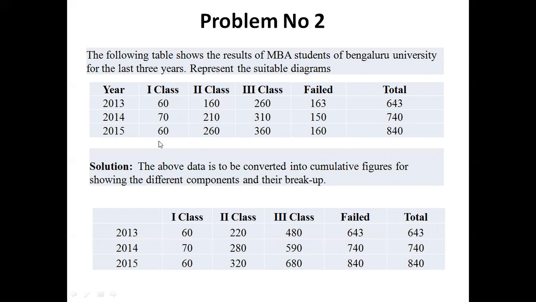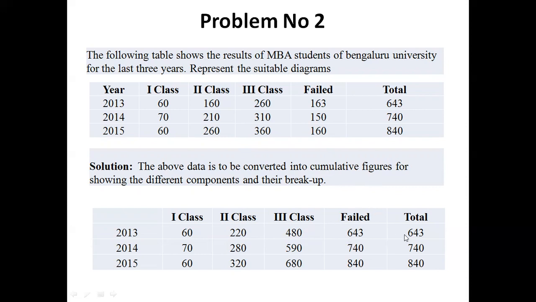So here there are 3 years of information that we have to consider. What we have to do is convert the above data into cumulative figures for showing the different components and breakup. If you want, you can convert it into cumulative. See here, 60 plus 160 is equal to 220, plus 260 is equal to 480, plus 163 is equal to 643.